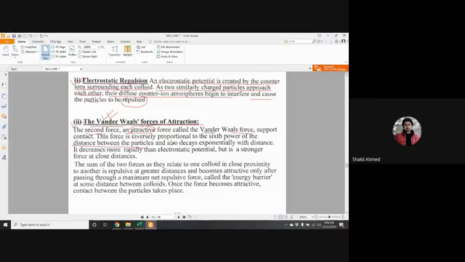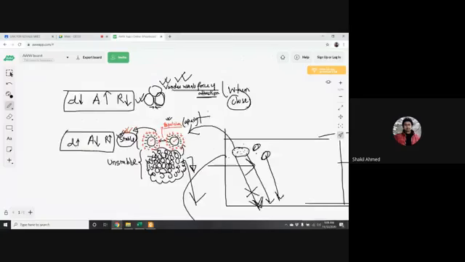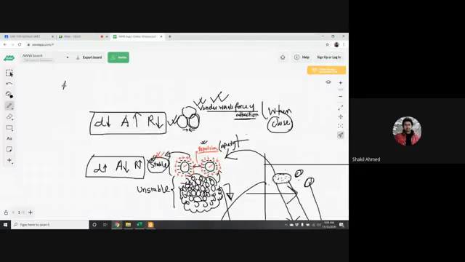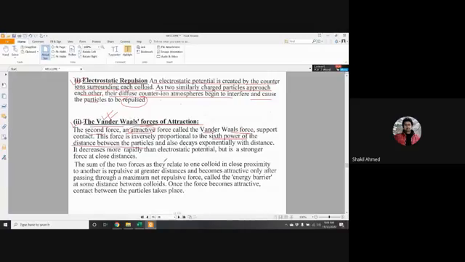So that's why it is inversely proportional to the sixth power of the distance between the particles. That means attraction is inversely proportional to x, the sixth power of the distance, and also decays exponentially with distance.